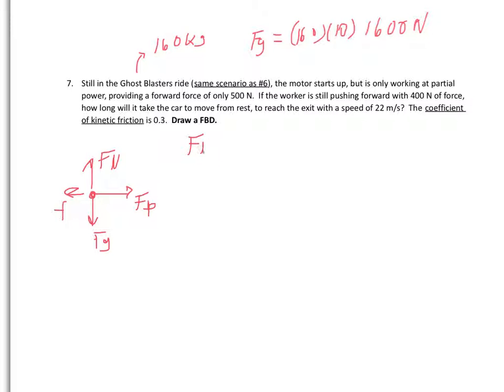The normal balances the weight, and so that means I get the normal force as 1600 newtons as before, and the friction is mu times the normal force. Now 1600 times 0.3 is 480 newtons.